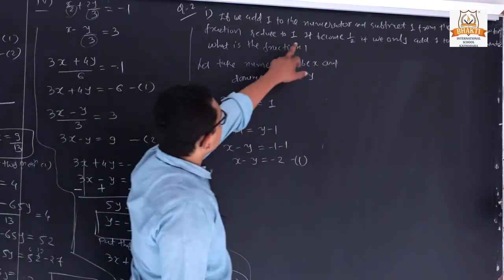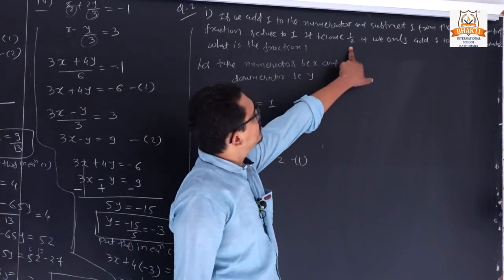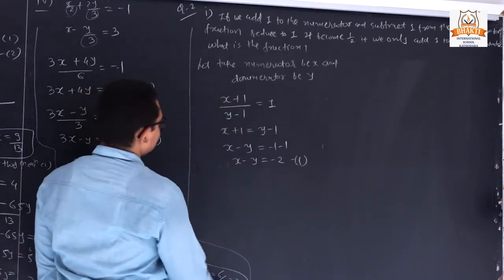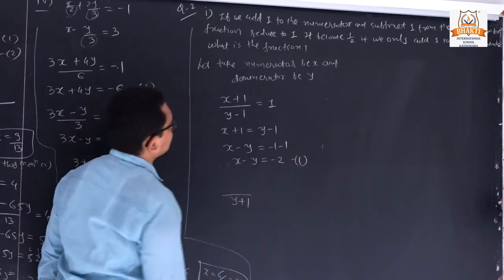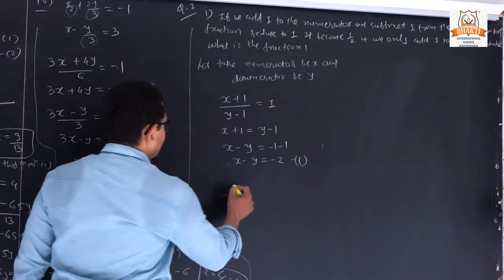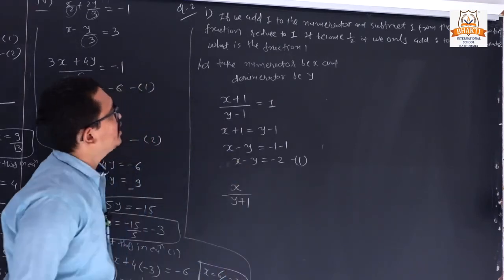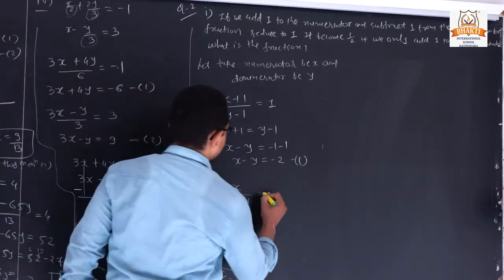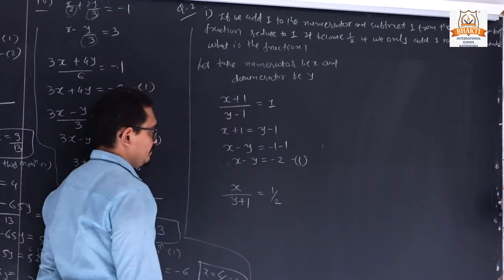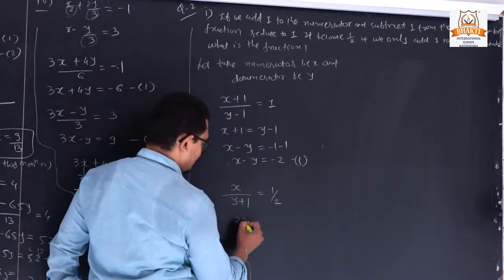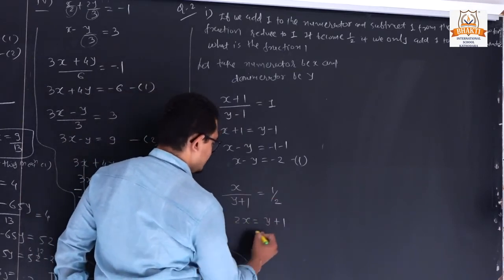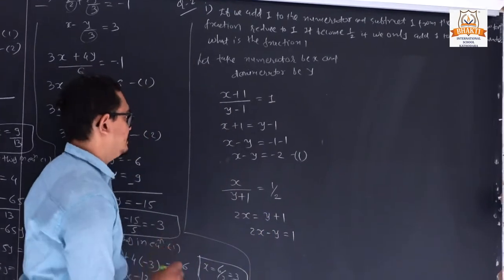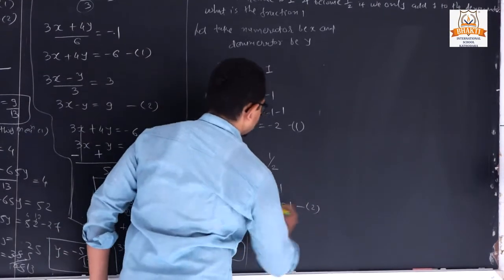Now second condition, it becomes 1 by 2 if we only add 1 to the denominator, and numerator will be the same because we cannot add any value in the numerator term. So the fraction becomes 1 by 2. Now cross multiplication, so 2x minus y is equal to 1 because this y is going to the second side, so it is result number second.